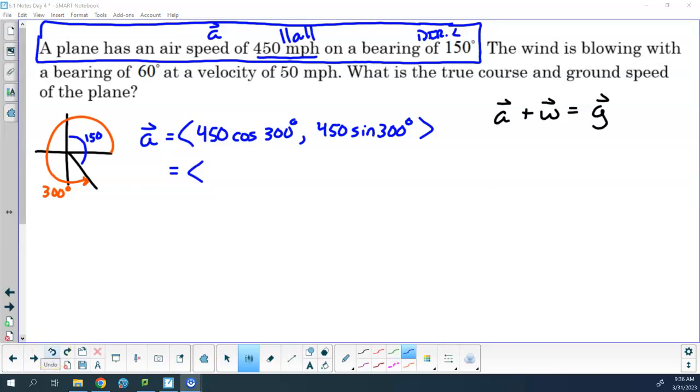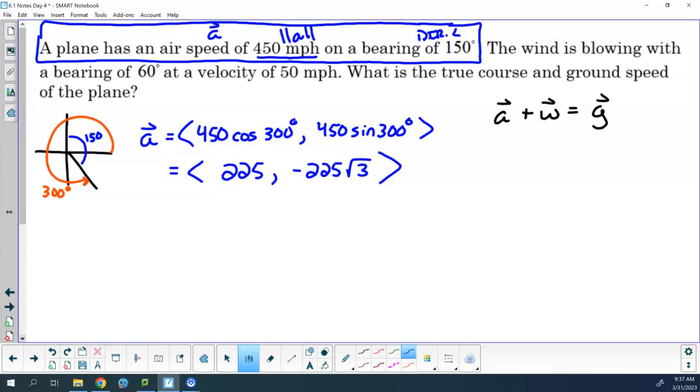So 1/2 times 450 is 225. What is the sine of 300 degrees? Negative root 3 over 2 times 450. So negative 225 times the square root of 3, because 450 divided by 2 is 225.